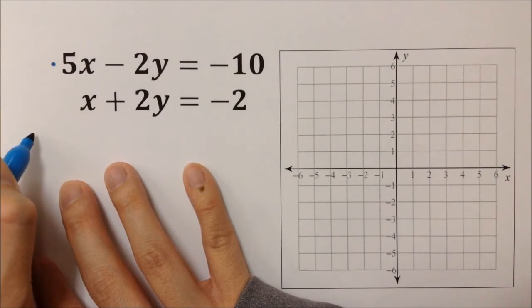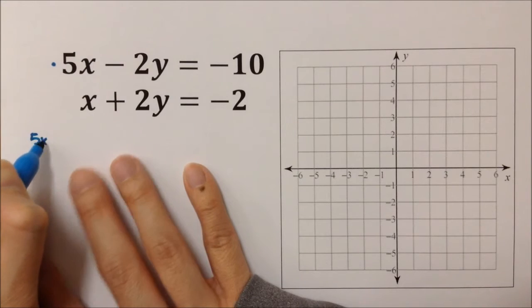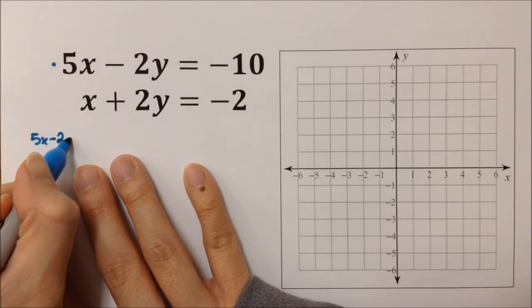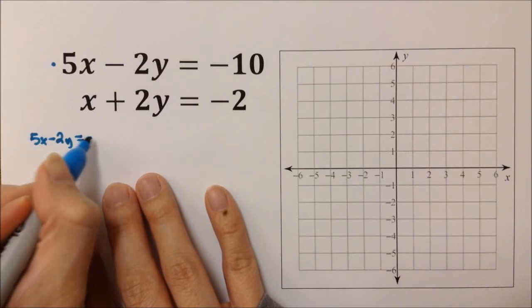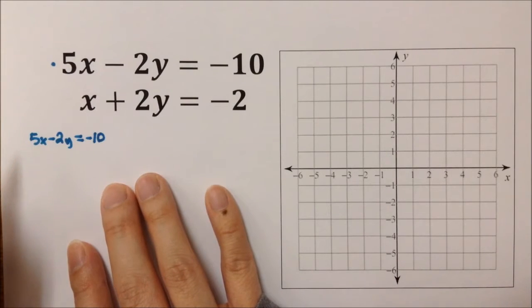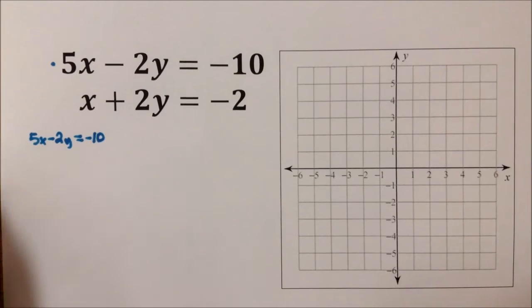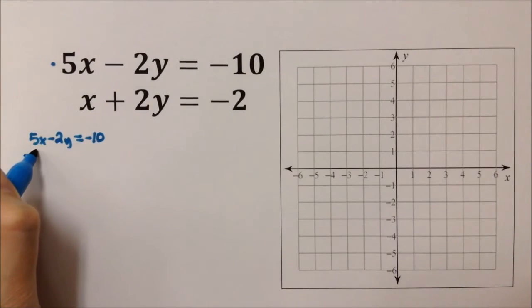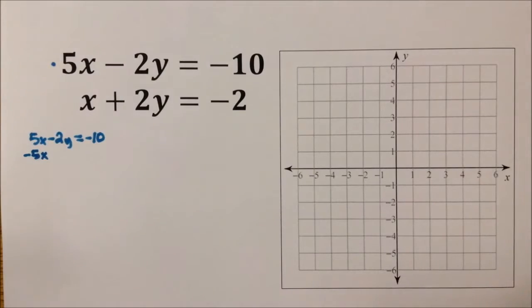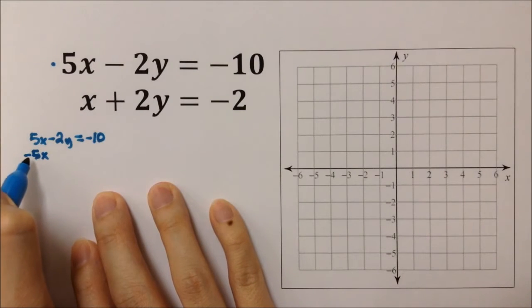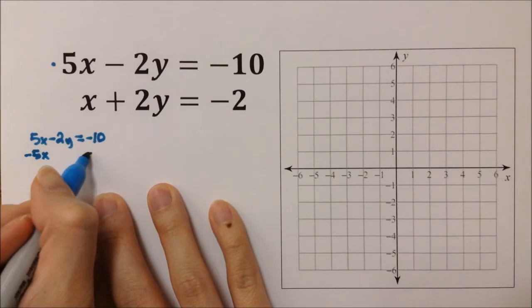I want to get negative 2y by itself, so the opposite of 5x is negative 5x, or minus 5x. Since I'm subtracting 5x on the left, I subtract 5x on the right.